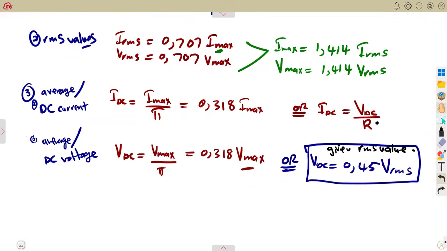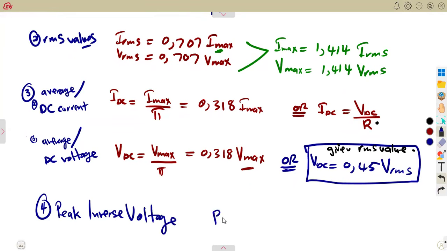That is the most important part. Then also you are going to need the peak inverse voltage, given as PIV.